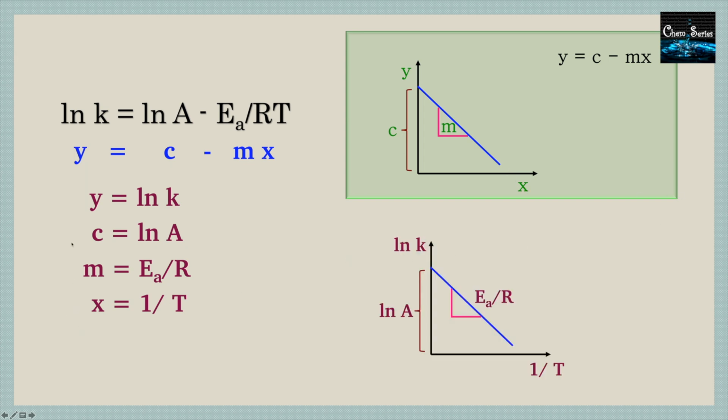When you substitute all these into the general graph procedure, you obtain this graph: ln k on the y-axis, 1 by T on the x-axis, Ea by R as the slope, and ln A as the intercept.